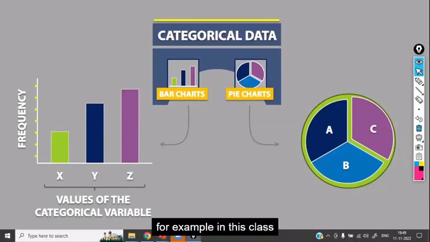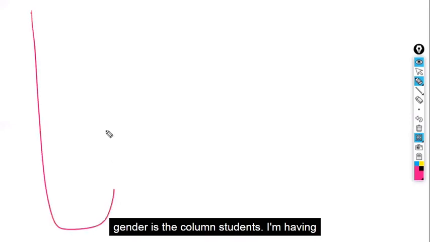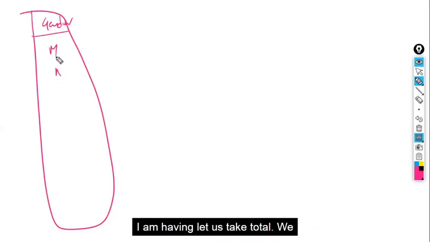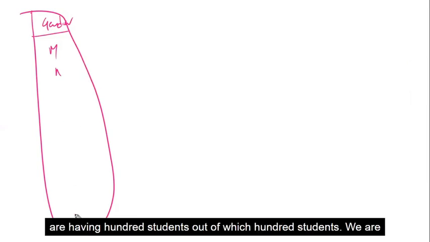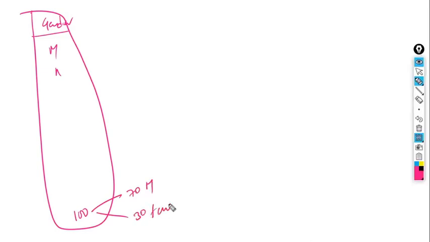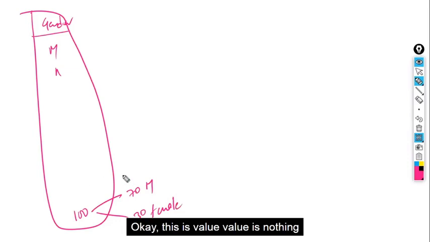For example, in this class, gender is the column. I'm having the students data, and in that gender is there. Male, male, male, female, something like that. Let us take a total of 100 students. Out of the 100 students, we have 70 male students and 30 female students.